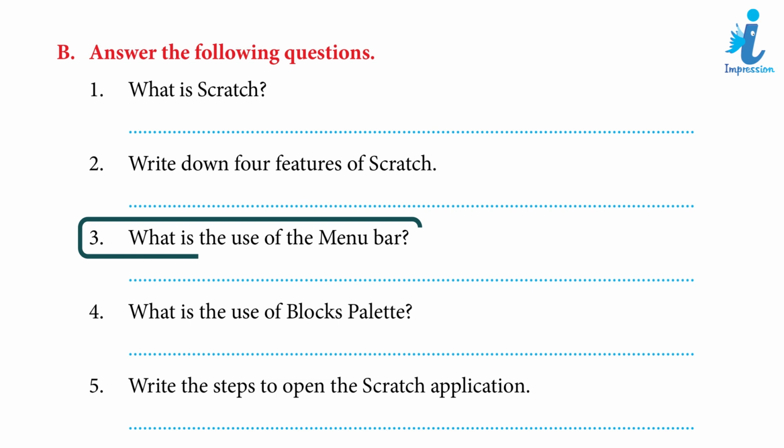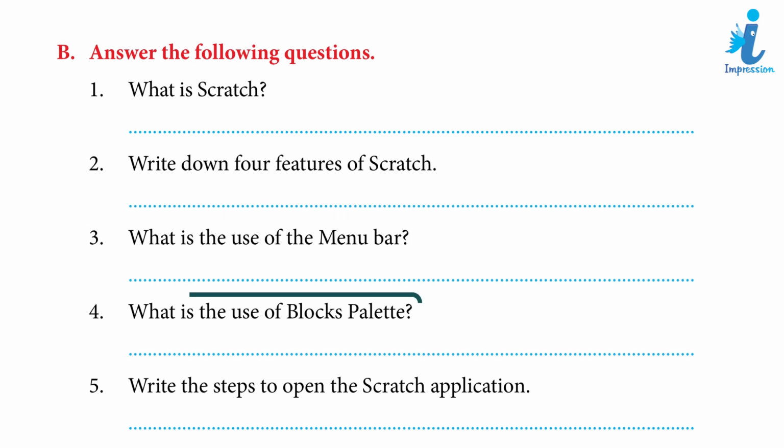3. What is the use of the menu bar? Answer: The menu bar has a variety of menus and icons including file, edit, tutorials, and etc. 4. What is the use of blocks palette? Answer: Blocks for programming are found here.